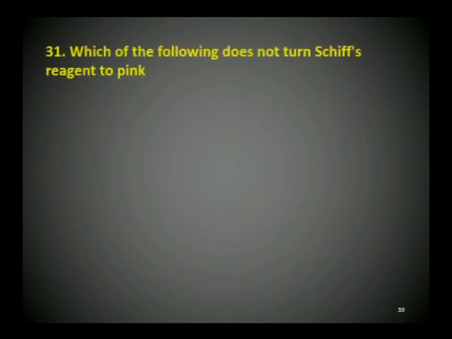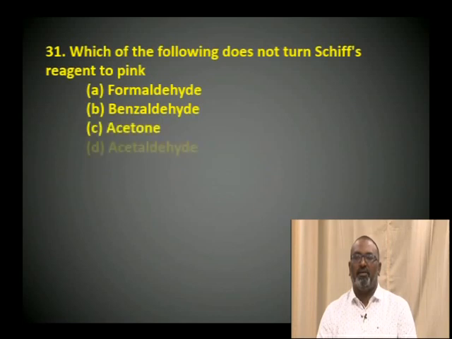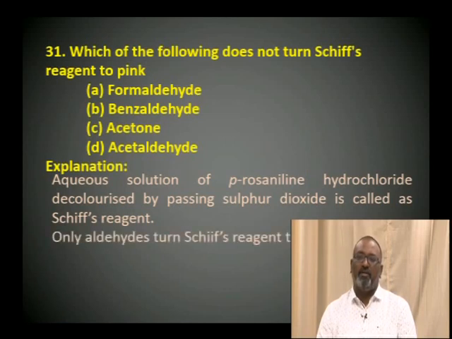Question number 31. Which of the following does not turn Schiff's reagent to pink? Formaldehyde, benzaldehyde, acetone, acetaldehyde. An aqueous solution of fuchsin, that is, rosaniline hydrochloride, decolorized by passing sulfur dioxide is called Schiff's reagent. When Schiff's reagent is added to any aldehyde, the colorless Schiff's reagent turns into a pink colored solution.